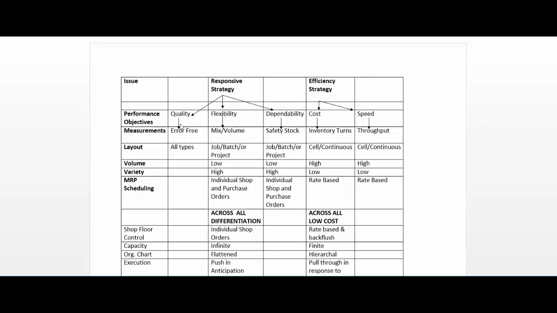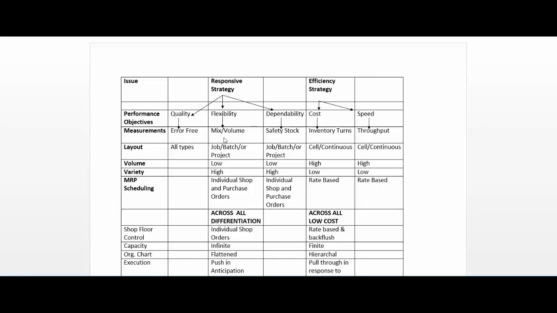So for an example here, when we look at performance objectives, typically, not always, but typically when we're looking at efficiency, we're dealing with an objective of being the lowest cost or the fastest speed. And so we look at measurements such as throughput for speed, how fast can I get it through? Or if I'm trying to be low cost, I may look at it and say, well, I need to turn my inventory real fast and real quick so that I can have the lowest cost.